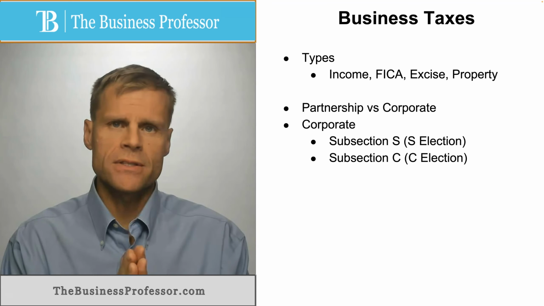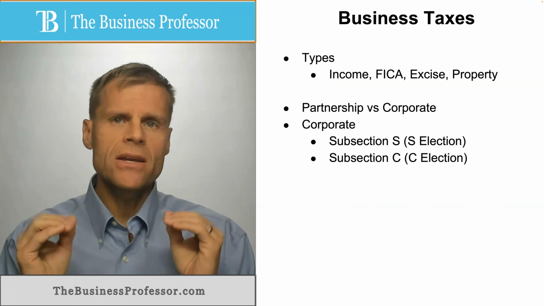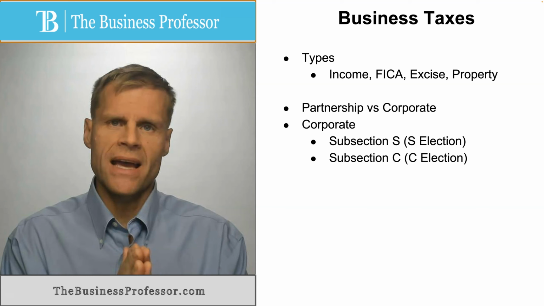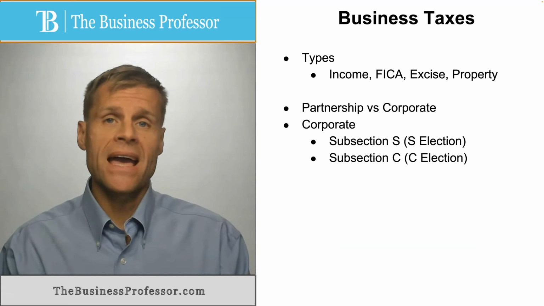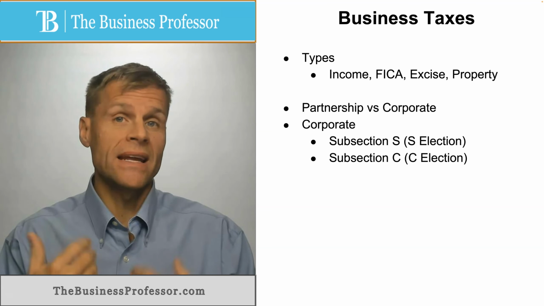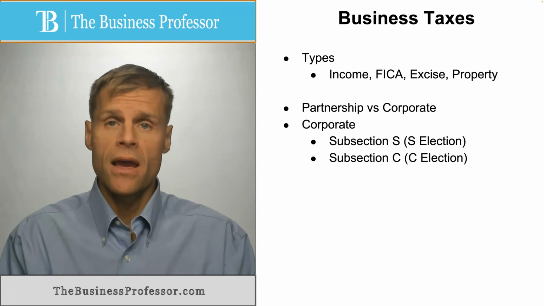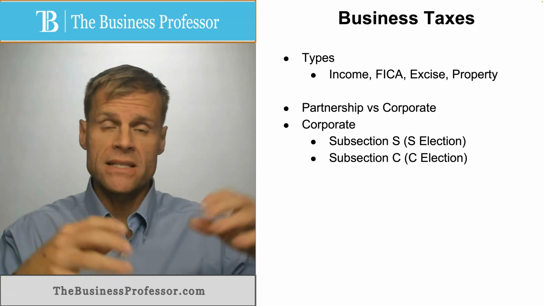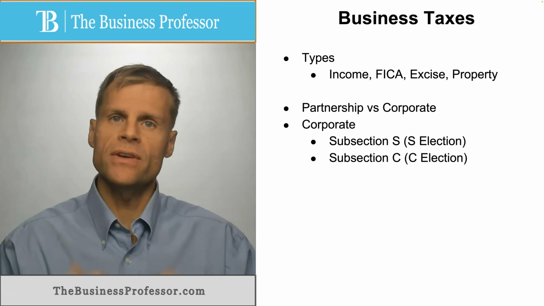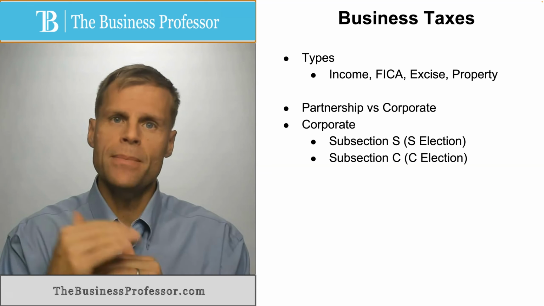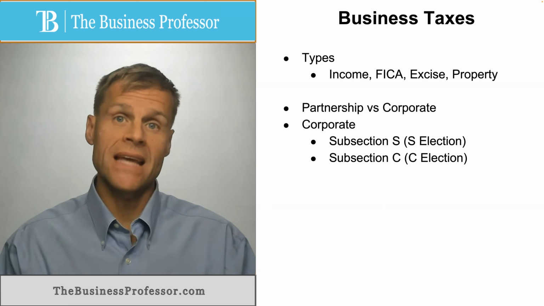So what's the difference? Well, to start with, a C corporation, or corporation taxed under subsection C, pays taxes very similarly to the way an individual would pay taxes. Revenue comes in, expenses go out. If there are profits at the end of the year, the entity itself is subject to taxation. It pays taxes at a given tax rate.